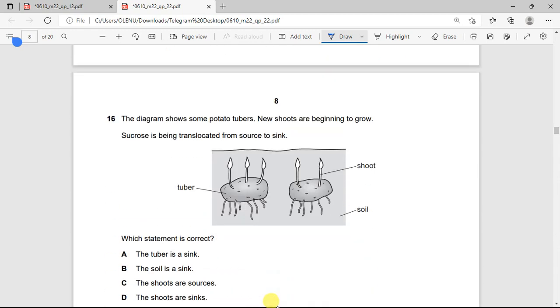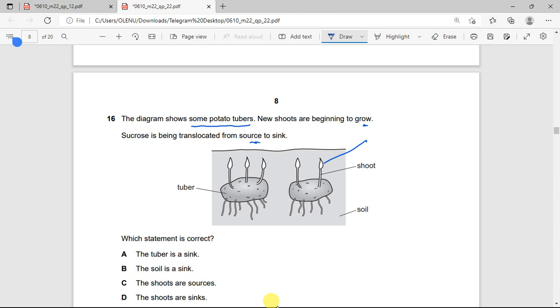Now the diagram shows a potato tuber. New shoots are beginning to grow. Sucrose is being transported from source to sink. Which statement is correct? In this case, the tuber is the source because the shoot has not developed leaves that can photosynthesize. Saying the shoots are the source is wrong.